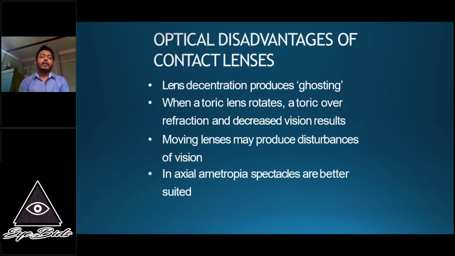But if you're having refractive corrections, like phakia and astigmatism, it's better to go for the contact lenses. Okay, so with this, I hope all of you have got a little bit of idea about the optics of the contact lens.